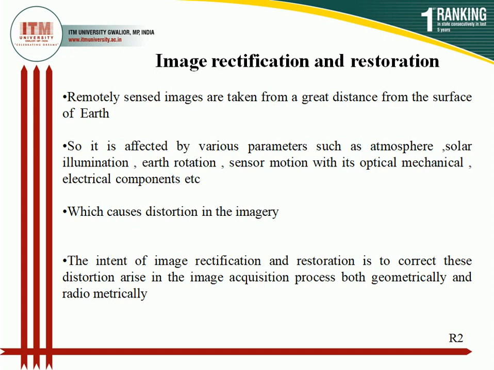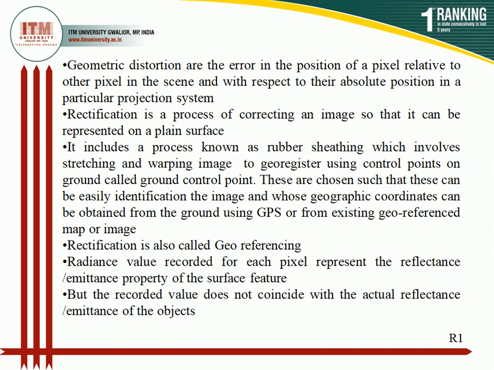So there are two types of correction which are needed. First one is the radiometric correction, and next one is the geometric correction. Geometric correction is basically done for correcting the geometric distortion, meaning error in the position of pixel value.